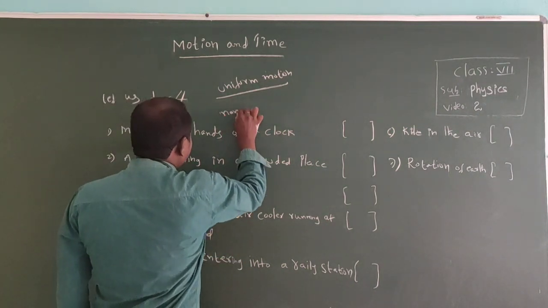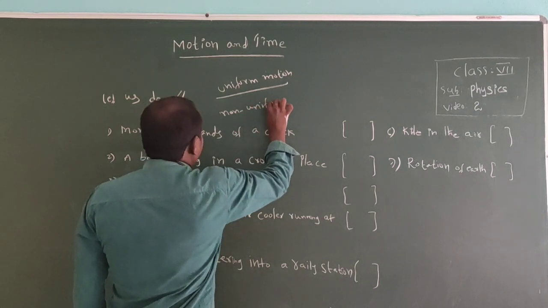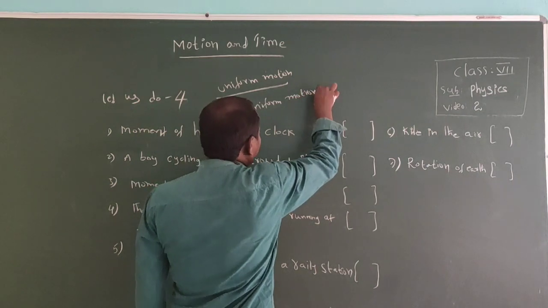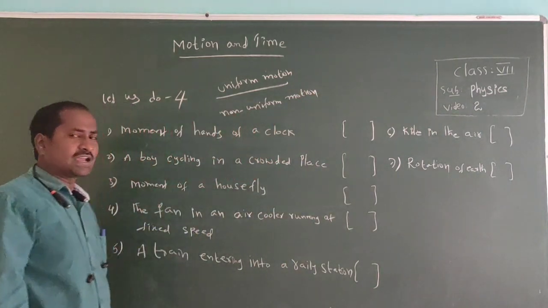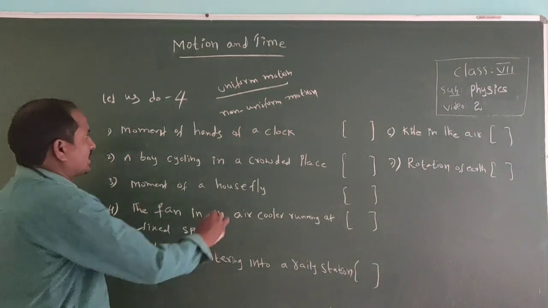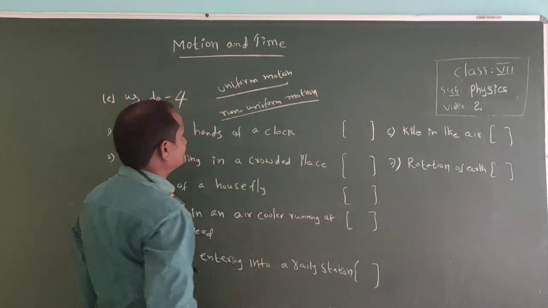Next, non-uniform motion. If a body covers unequal distance in equal intervals of time or equal distance in unequal intervals of time, it is called a non-uniform motion.